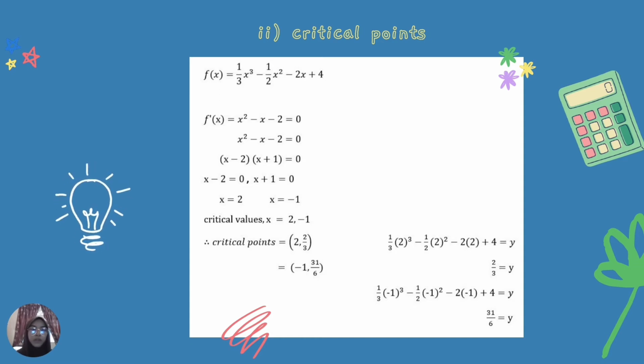So we factorize and we got the critical values, which are x equal to 2 and negative 1. And to find the critical point, we substitute the x values into the function. And now we got the critical points, which are 2 over 3 and negative 1, 31 over 6.